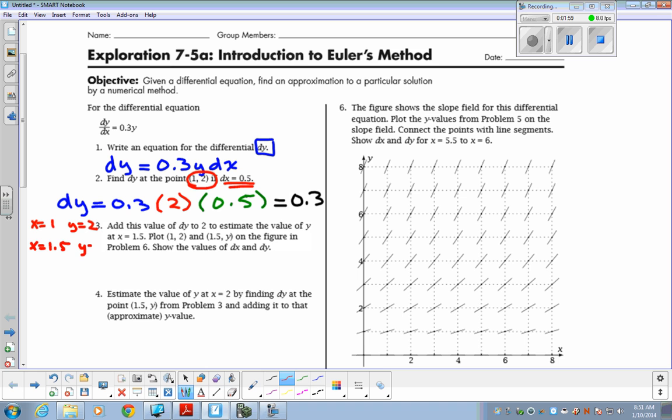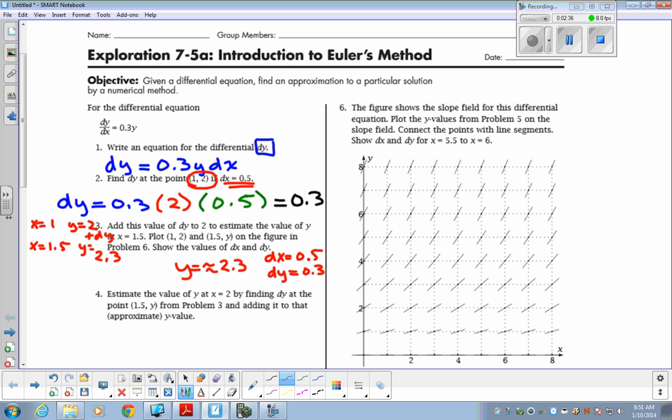My new y value would then be take the 2 and add dy to it, which would give me 2.3. So y is approximately 2.3 and dx is 0.5, and that was when dy was 0.3. So all we did was use the differential starting at the point (1, 2), knowing that our change in x was going to be 0.5 to figure out an estimate for the y value at x is 1.5.